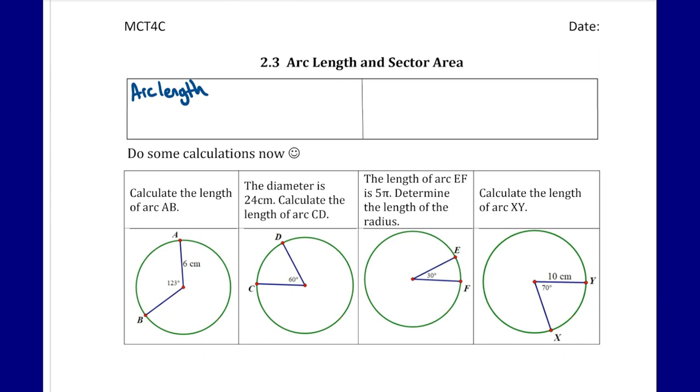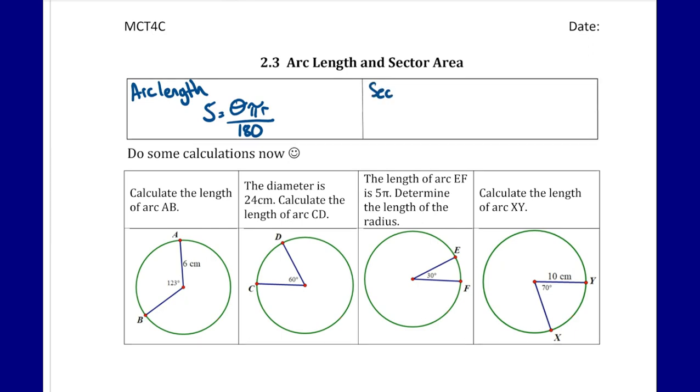And this formula, say S for the length, is equal to theta times pi times r, all divided by 180. You can see the components of the formula come from the circumference formula, and then just as a fraction of a circle based on the degrees that form the arc.